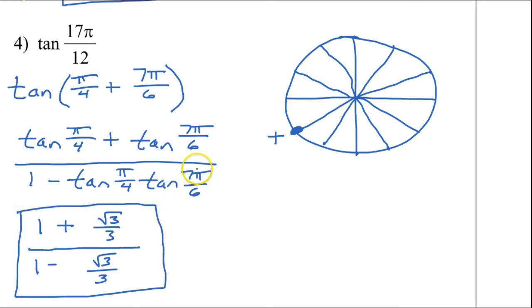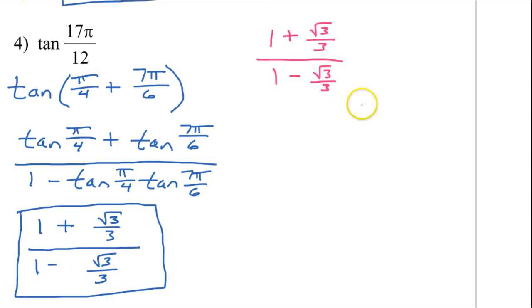Okay, we can get another form of the answer if we rationalize the denominator. Here's how you would rationalize the denominator. You would have to multiply by something called the conjugate, which is really just changing the middle sign here. So instead of 1 minus radical 3 over 3, I would multiply by 1 plus radical 3 over 3. And I would do that in the numerator as well.